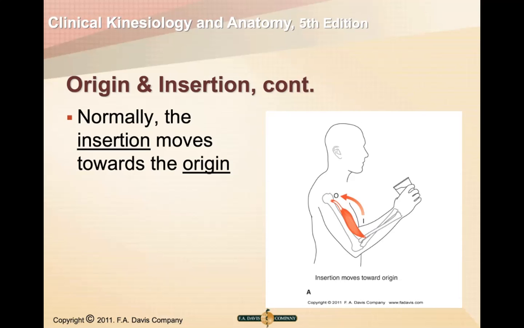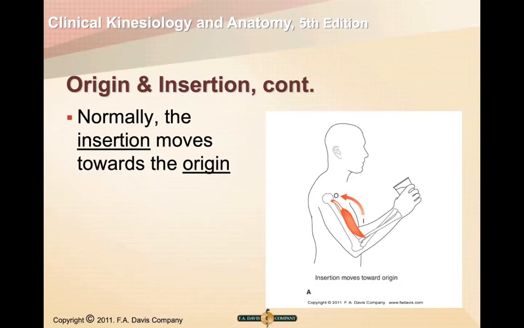Okay, so think about this picture of this guy. He's picking a cup up from a table or a glass of water to bring up to his mouth to drink. And he's doing that mainly with his biceps. As he's bending his elbow, those bicep fibers are shortening.